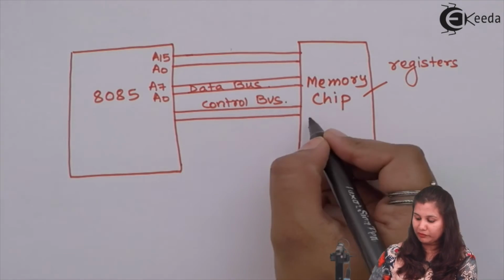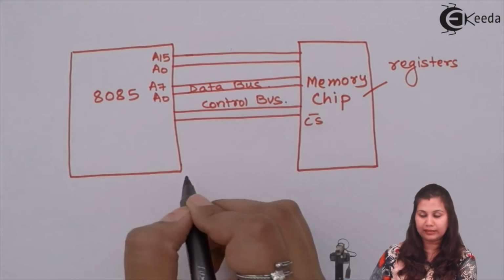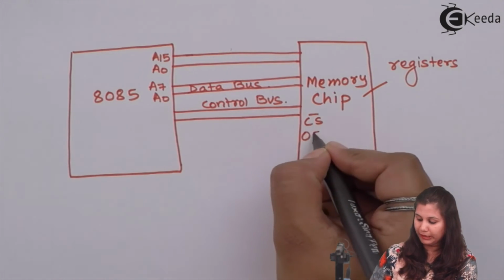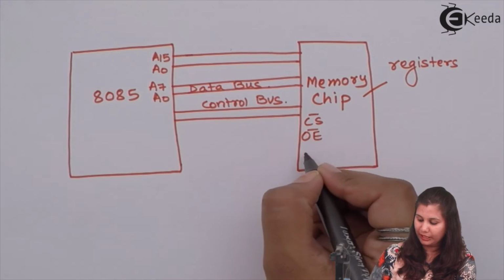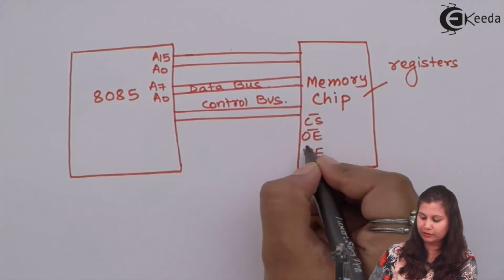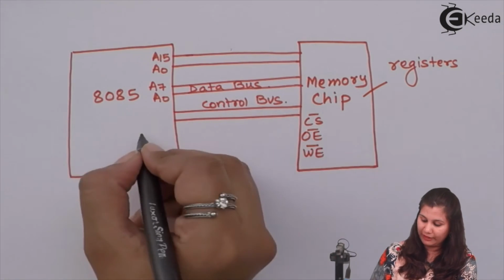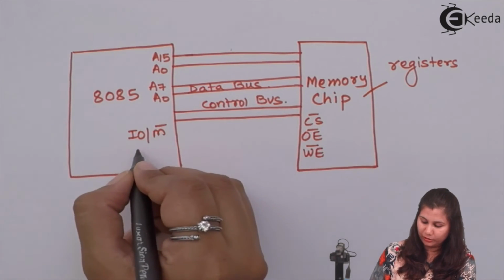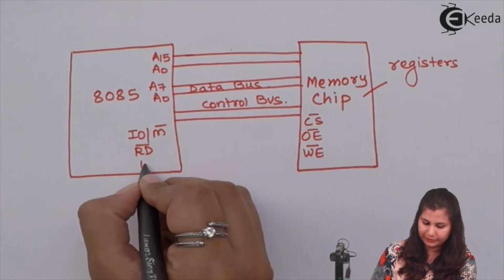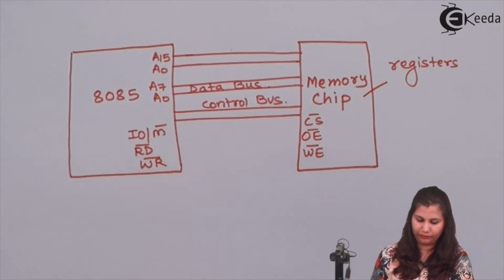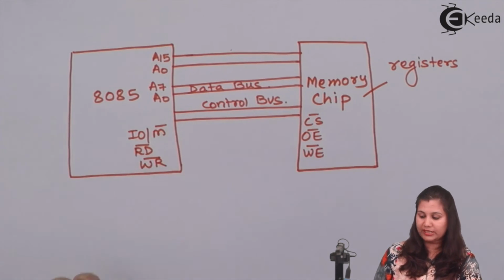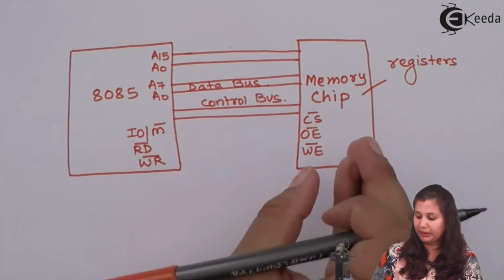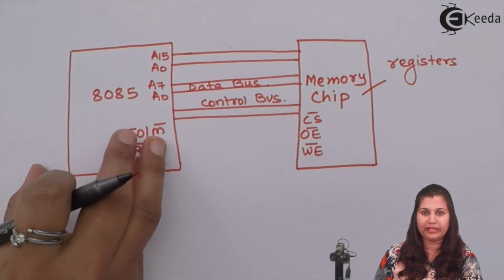Now the memory chip will have the chip select signal, the output enable signal, and the write enable signal also. Here we will have input/output and memory signal, then here read and write. So this is how the interfacing is done between a memory chip and the 8085.